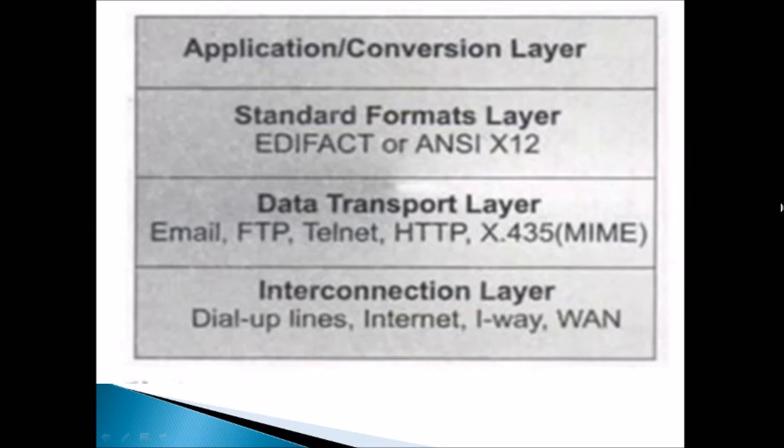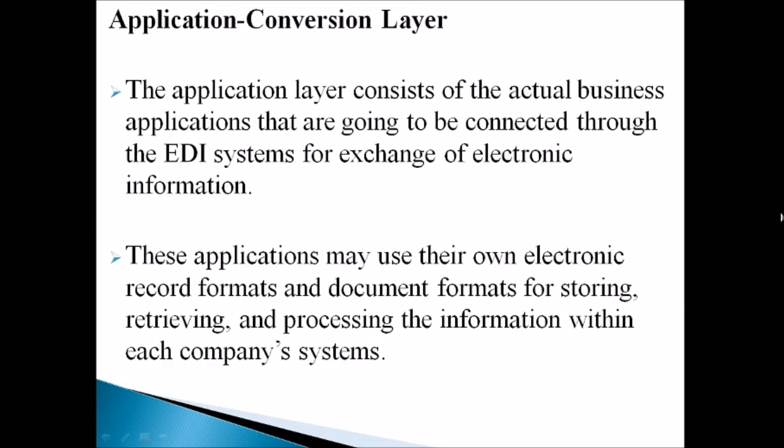So now let us discuss one by one. The first layer is the application conversion layer. As we said earlier, this layer is going to display the content or information on the screen in a form understandable for the business or organization. This layer consists of the actual business applications.